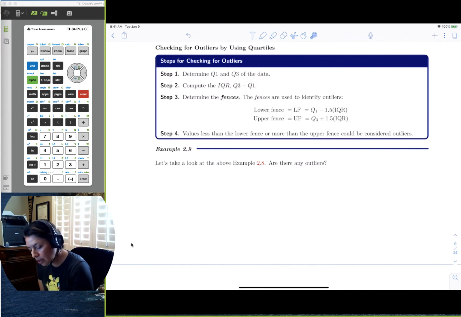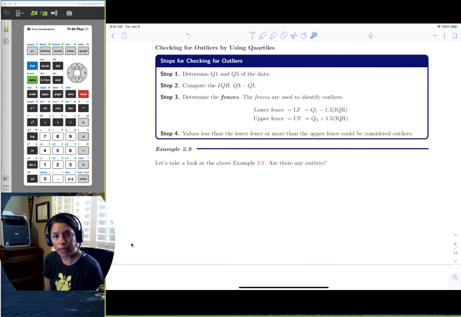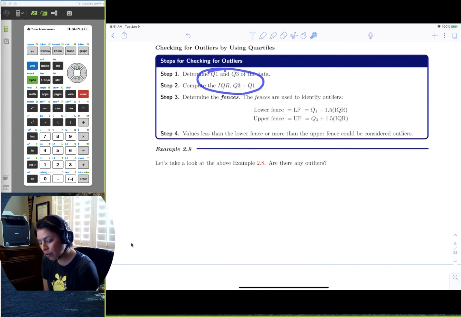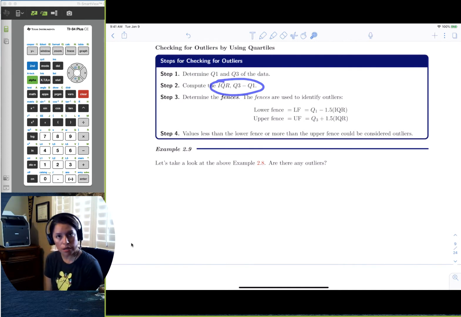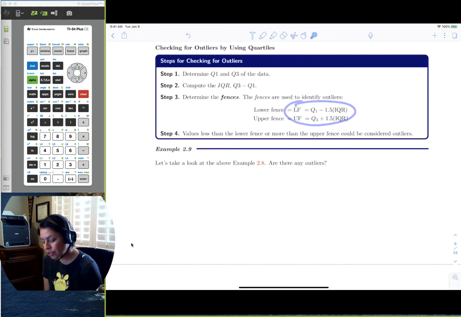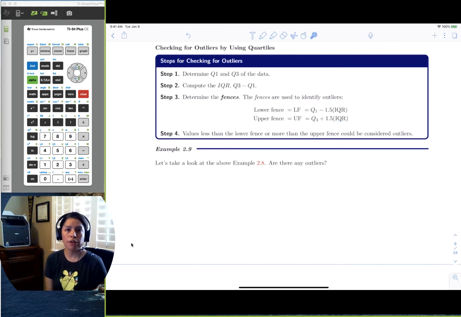To check for outliers using quartiles, we can determine the 5-number summary. After you identify the 5-number summary, we can compute the IQR. And when we identify the IQR, then we can find the fences easily and look at our data to see if there are any values outside the scope of our data.